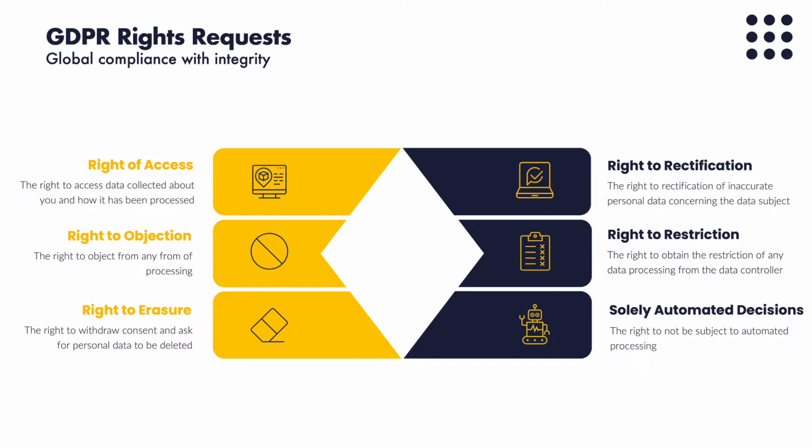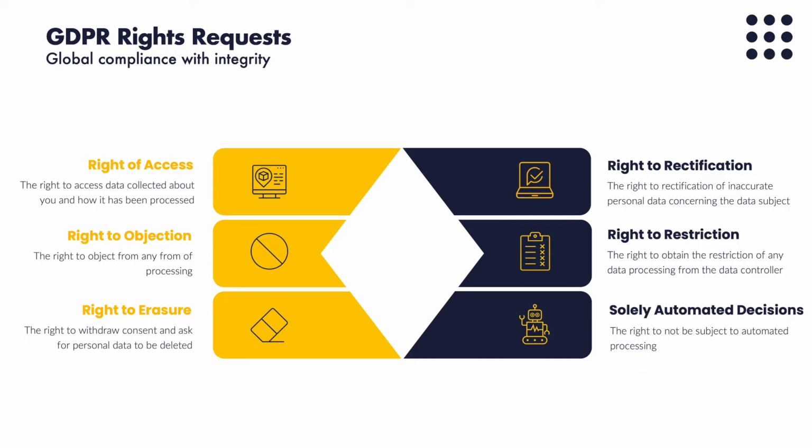The right of access gives the individual the right to find out whether or not an organisation is processing their personal data. If this is the case, they are completely entitled to be given full access to any data which is being processed by the organisation. A data subject also has the right to ask an organisation to delete data that they may have stored relating to them.